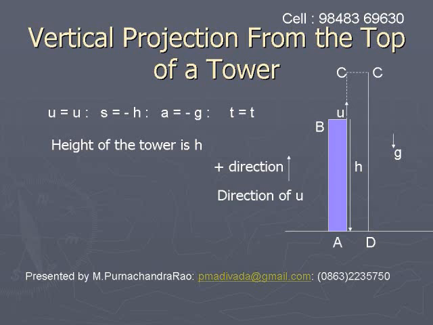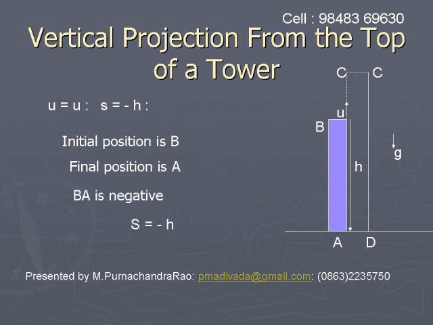Now, in terms of the parameters, u is equal to u, that is we are considering upward direction as positive and initial velocity as u. The displacement s becomes equal to minus h. Be careful here. The displacement is from initial position to final position.